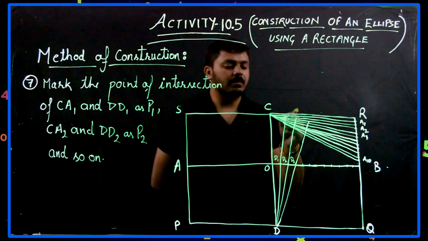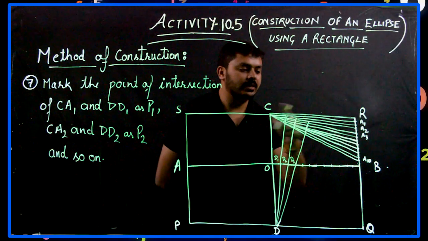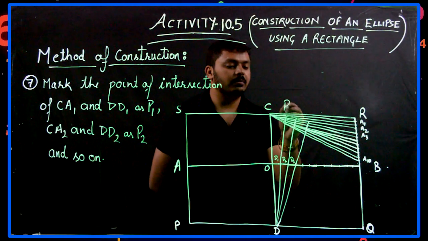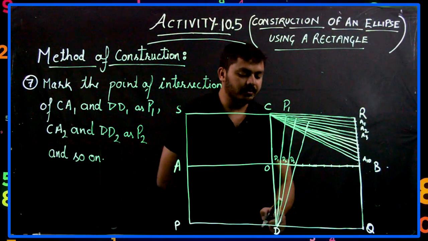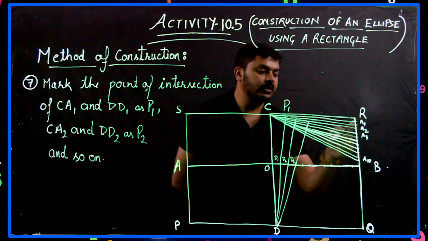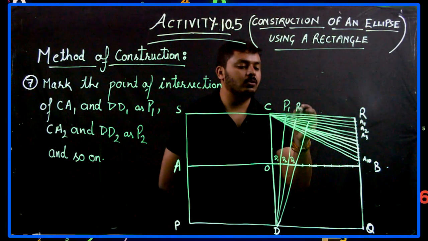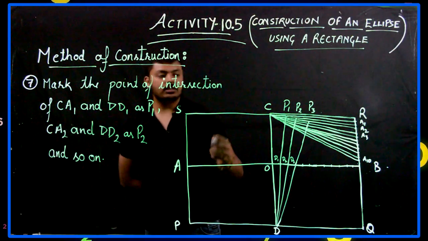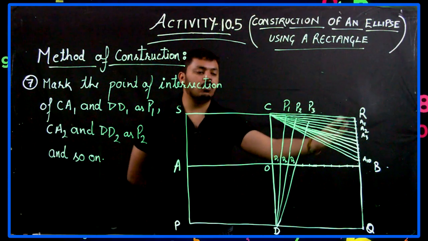That is, let the point where the two lines intersect, that is CA1 and DD1, be the point P1, and the point where DD2 and CA2 intersect be the point P2, then point P3. In a similar way, we find more points.